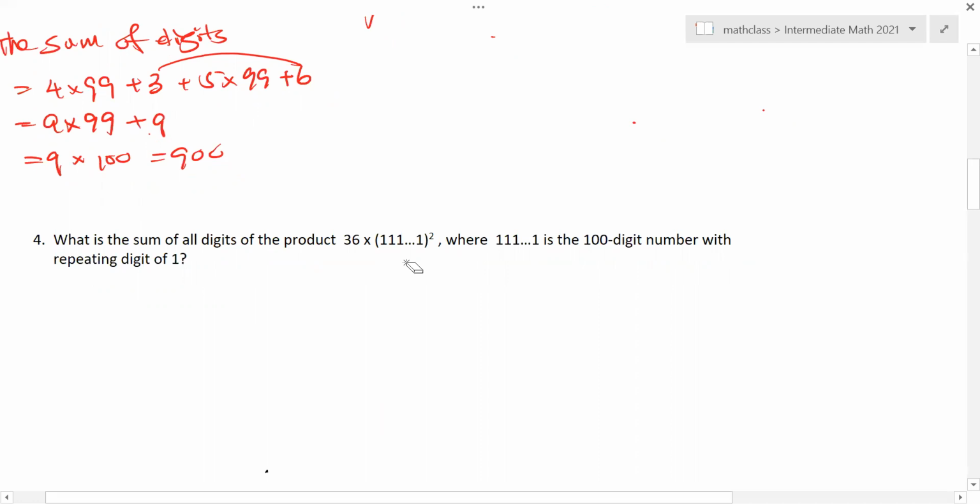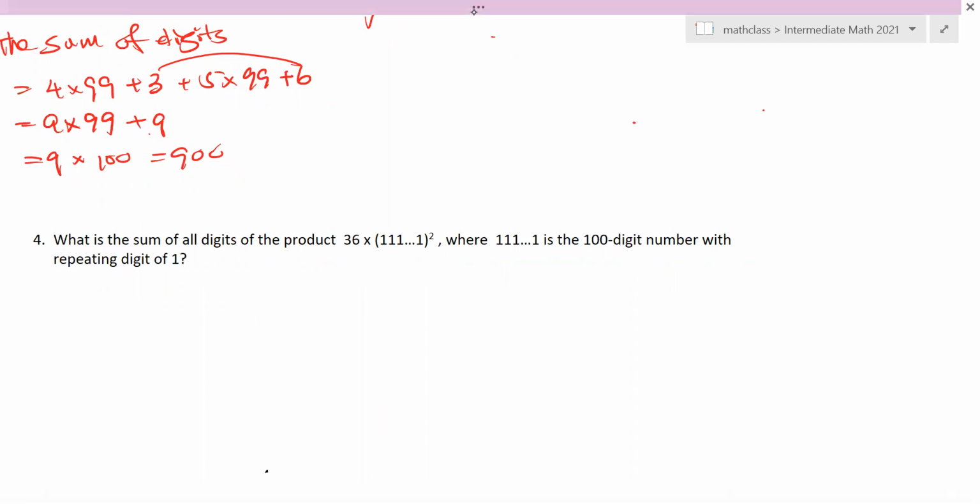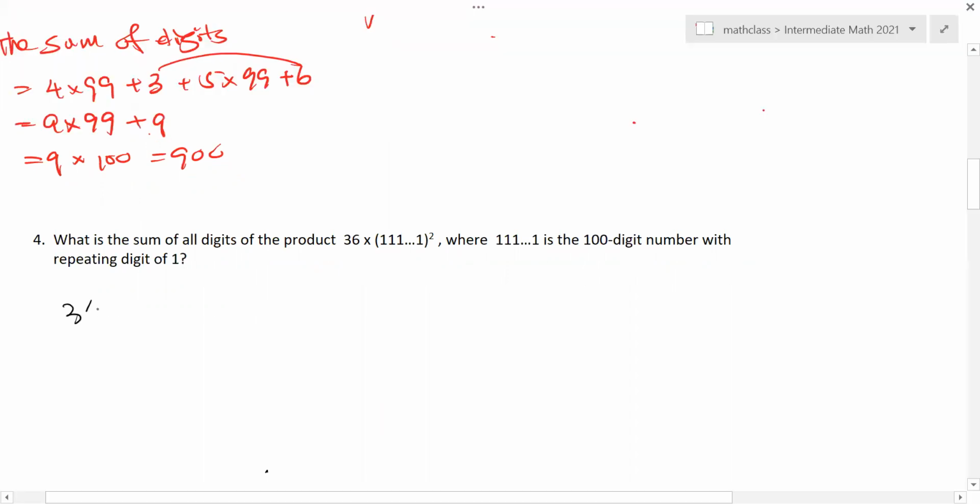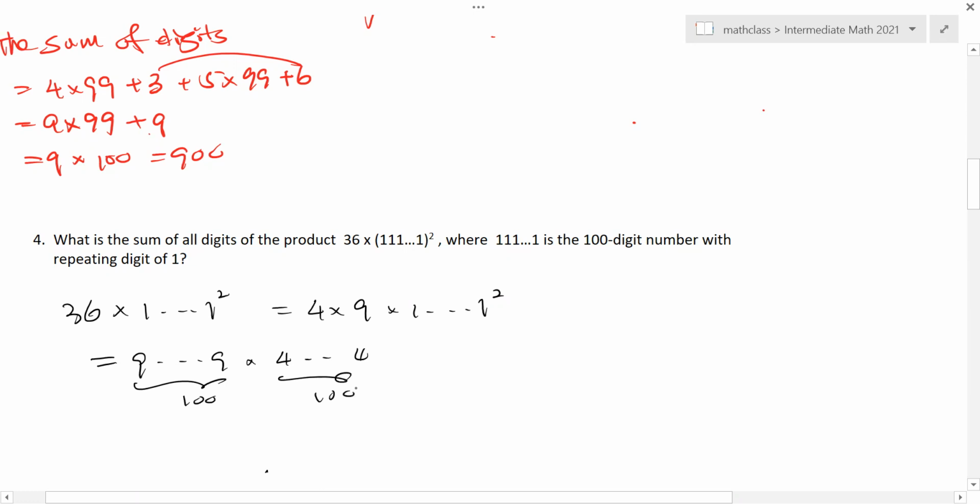Since I just showed you that 36 is 4 times 9, just go backward. Then you get 9 times 4, 4, and here you have a 100 and you have a 100. Then you get the sum of all the digits.